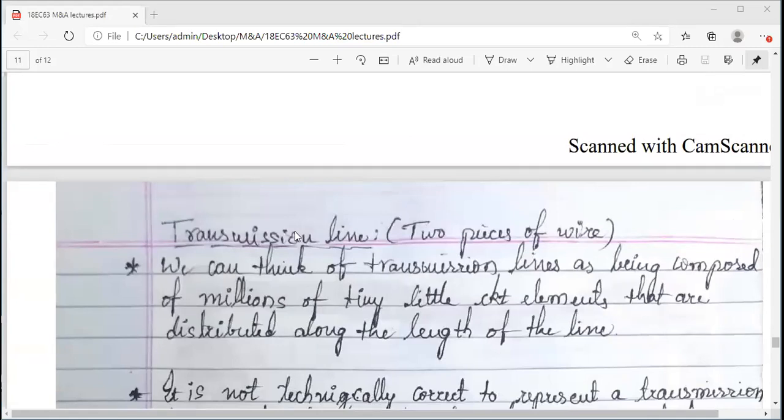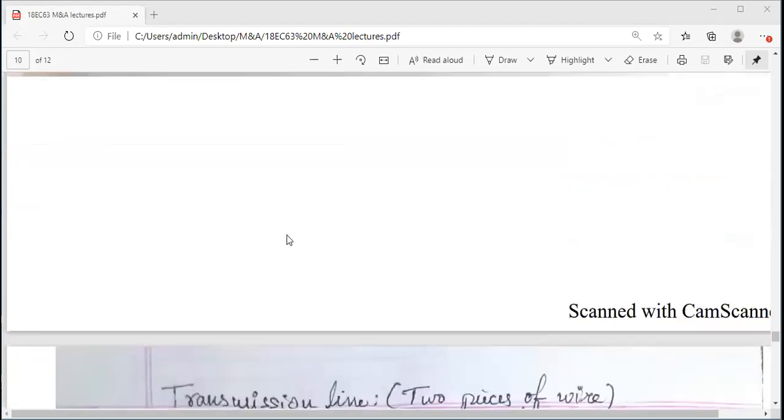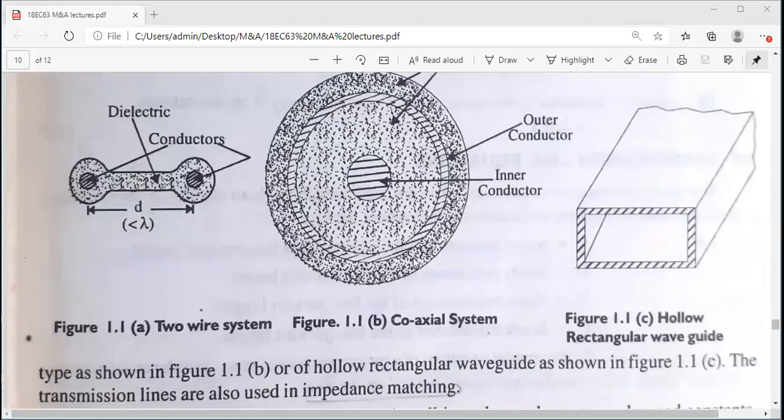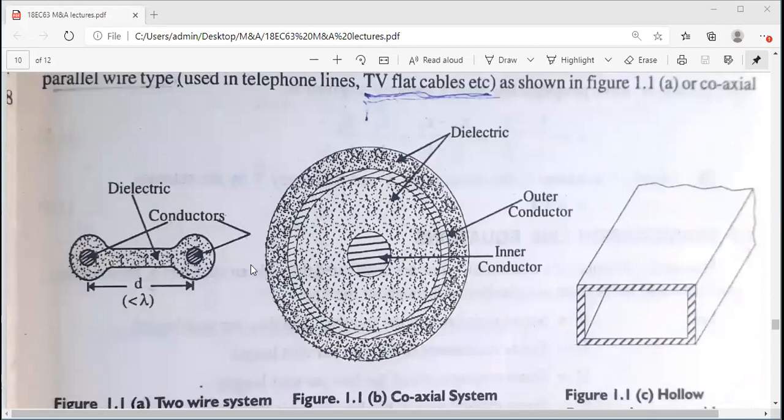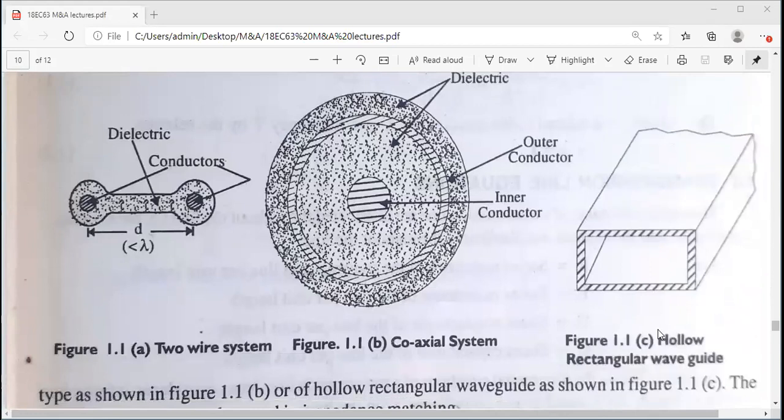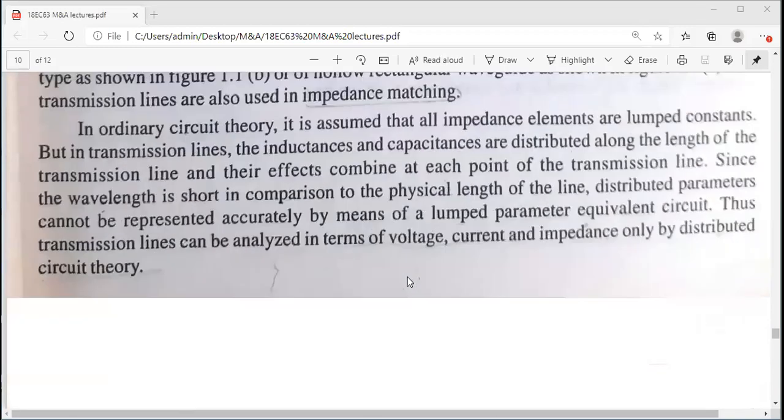So in general, transmission lines means two pieces of wires, right? See, in coaxial cables, two conductors are there. Here also a pair of conductors. In case of waveguides, it is a little bit different. The connections and all will be a little bit different. But otherwise, in general, what is a transmission line?